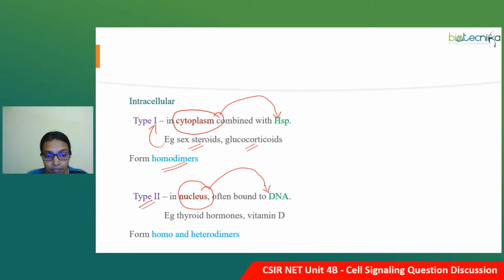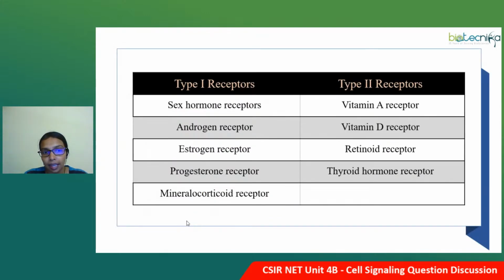Examples include our thyroid hormones, vitamin D. That means vitamin A is also coming over here. And in this case, we will find that receptor to ligand interaction can be a homodimer as well as a heterodimer. Corresponding receptor will be having the corresponding ligands.